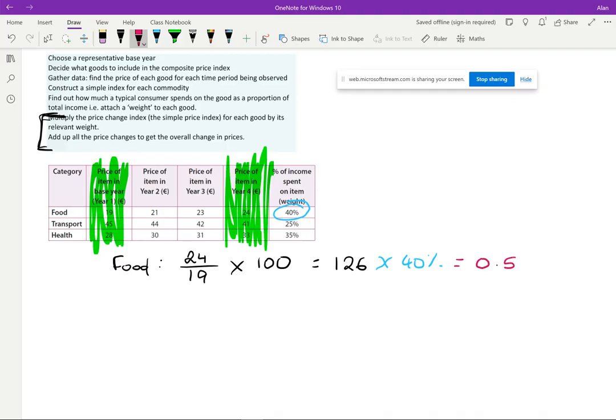Oh, actually, I made a mistake there. Hold on a sec. 126 multiplied by 0.4, let me use my calculator here. Excuse me, 50.4. Okay, so let's look at the next one, and the next one is transportation.